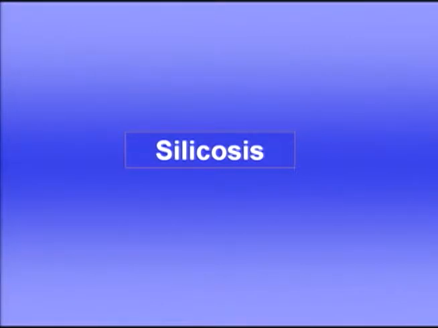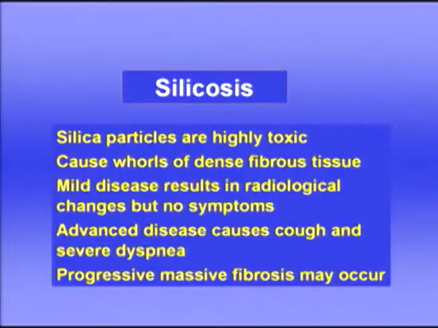Now silica, I should say, is silicon dioxide, sand. Silica, unlike coal dust, provokes an intense pathological reaction in the lung, a big fibrous reaction, whereas coal dust is relatively inert. Silica is very toxic. And so the silica particles are highly toxic.